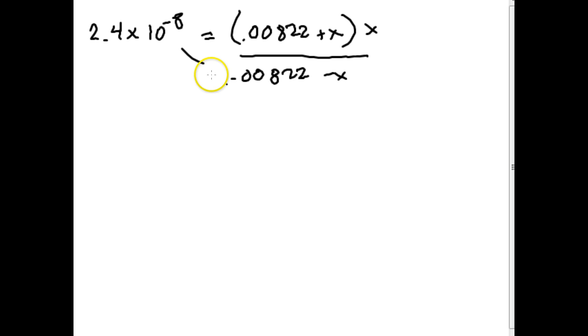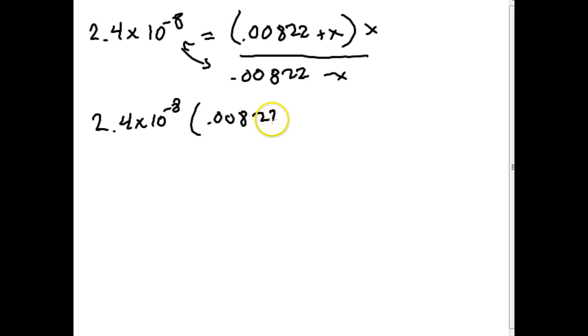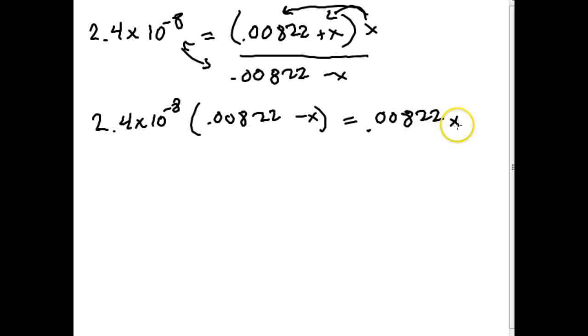So I cross multiply and I get 2.4 times 10 to the minus 8 times 0.00822 minus x equals, and I distribute this, equals 0.00822x plus x squared.